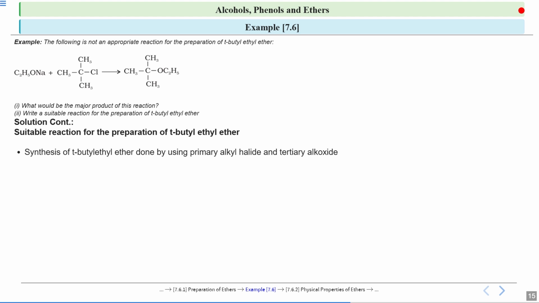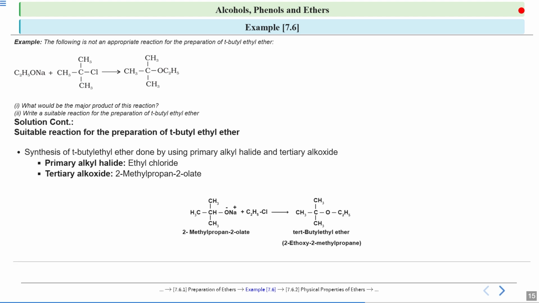The alkyl halide should be primary and the alkoxide should be tertiary. So you take a primary alkyl halide, that is ethyl chloride, and the tertiary alkoxide which we are taking is 2-methylpropan-2-olate.